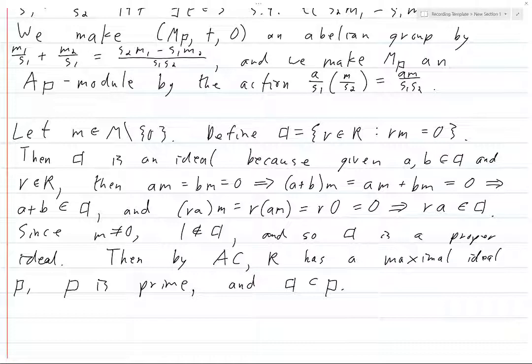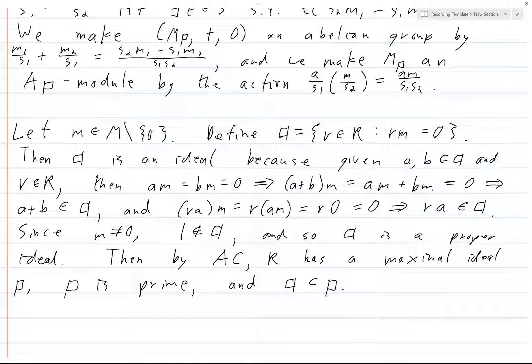Just real quick, there is some stuff about the prime ideal being zero. If that ends up being the maximal ideal, then I think something about zero divisors comes into play here. But anyways, we have a maximal prime ideal P, and A is contained in P. So that's really what this paragraph was about.